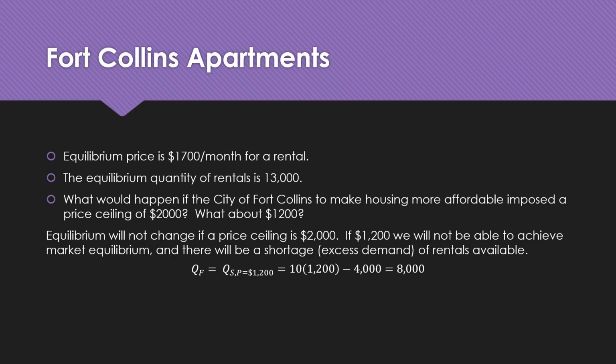So instead, what we can calculate is what's known as deadweight loss, or DWL for short. Deadweight loss is the loss in economic surplus from failing to reach market equilibrium.